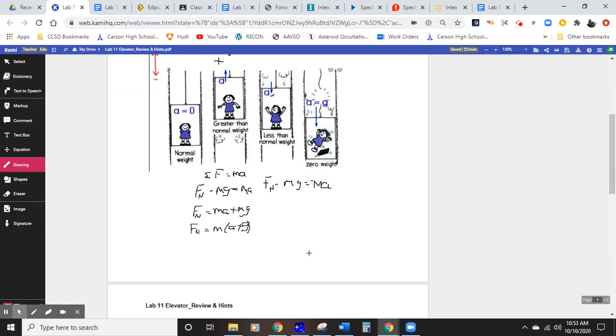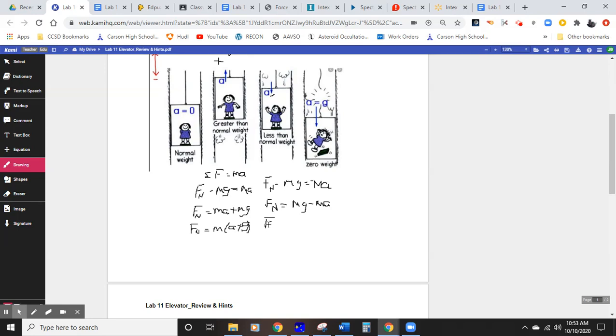So now when I do this, the normal force is right here. It's going to equal, and this time you have to be careful, mg minus ma, like so.